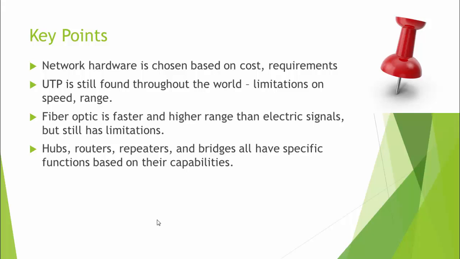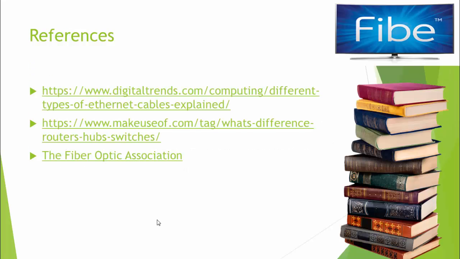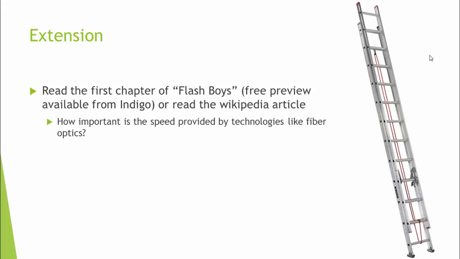Hubs, routers, repeaters, bridges, switches, all these things have specific functions and capabilities that match those functions. We talked today a little bit about fiber optic communication and how fast it is, saying that in about 33 milliseconds we can transmit a bit from Toronto to Tahiti.